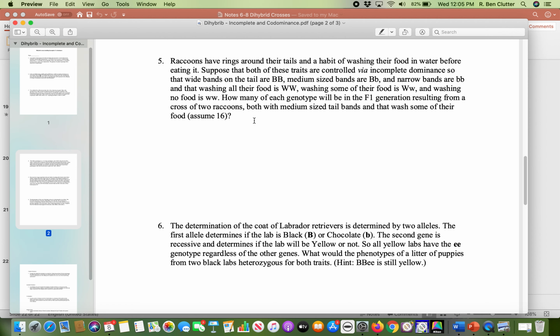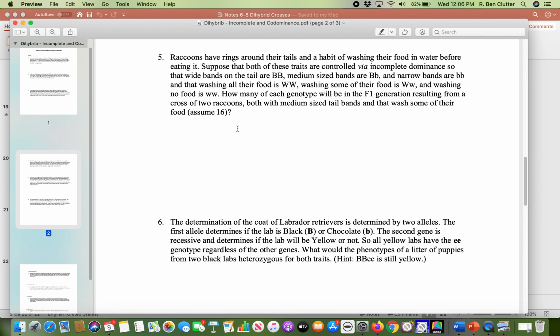So it is a little bit more complex problem because you basically are going to have either big rings, medium rings, or small or narrow rings, and then they're either going to wash all their food, some of their food, or none of their food.